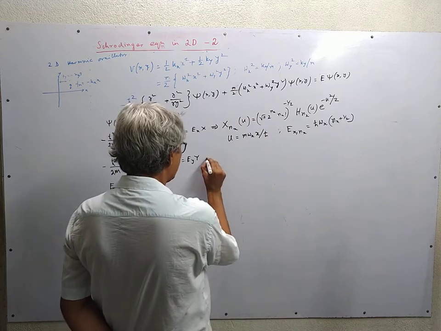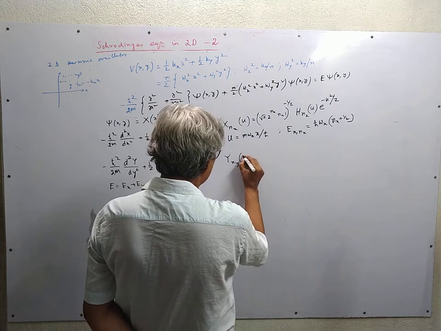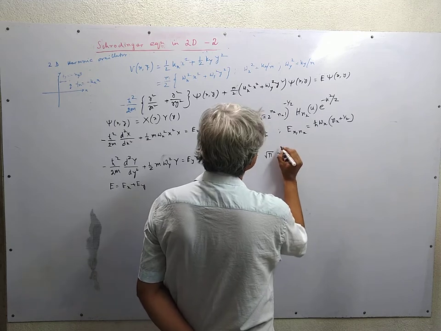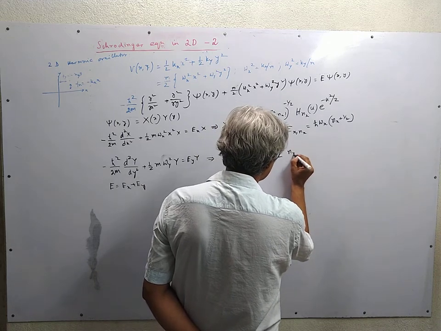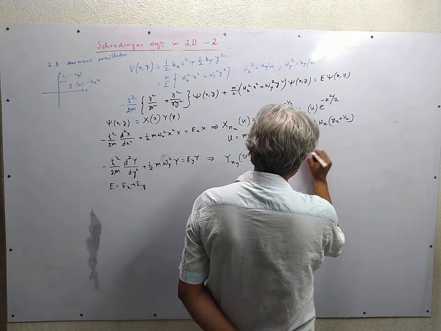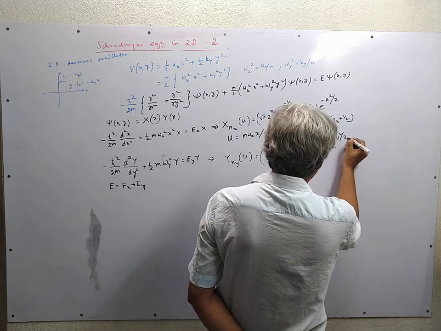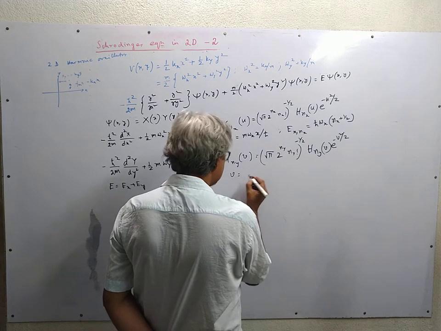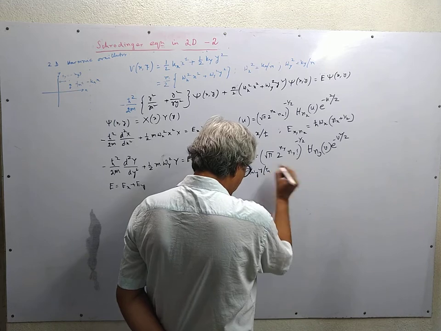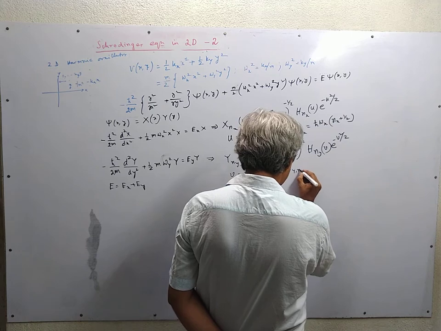And for this motion we write Y, which depends on v, again a similar expression, where v is m omega y by h cross, and ny is the quantum number.